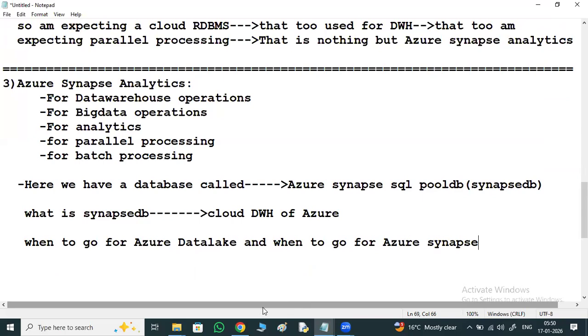Whenever data is in structured format, go for Azure Synapse. Whenever data is unstructured or semi-structured, go for Data Lake.